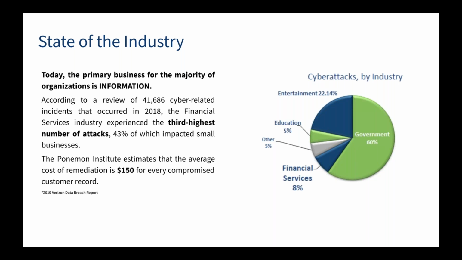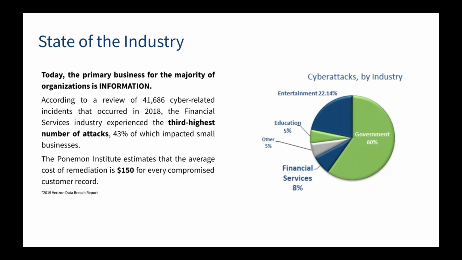The key differentiator here, though, is that nearly half of those incidents impacted small to mid-sized companies, and within that, we have to think about the cost of remediation. And the Ponemon Institute, which is a cybersecurity think tank based out of Michigan, follows the costs that the organizations incur as they remediate these, and have found that for every record that's lost during a privacy breach, it costs that organization about $150 per record.